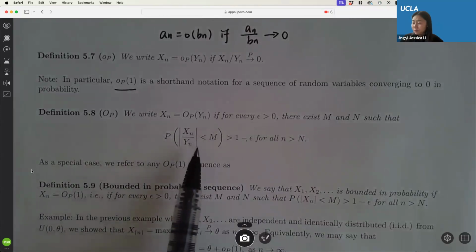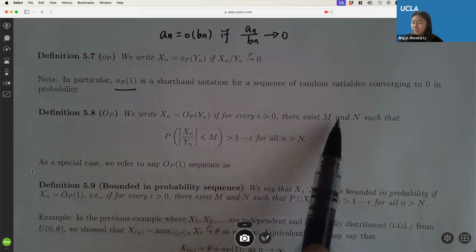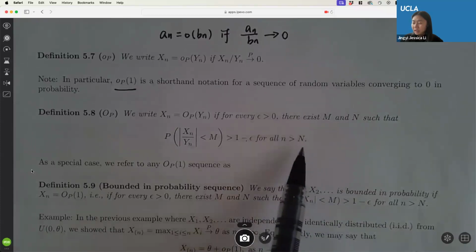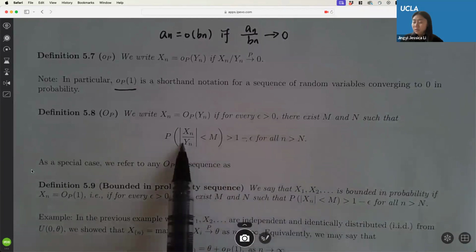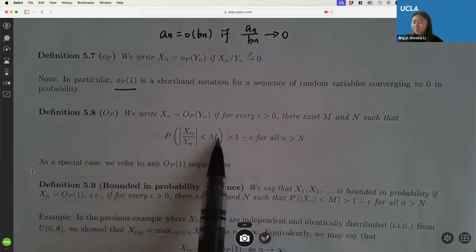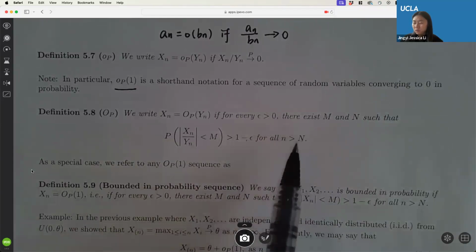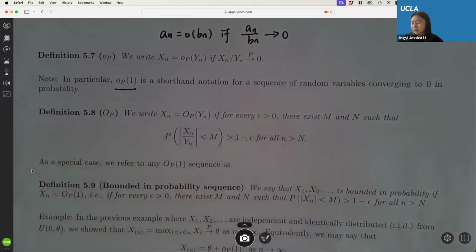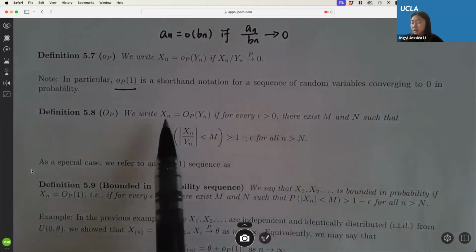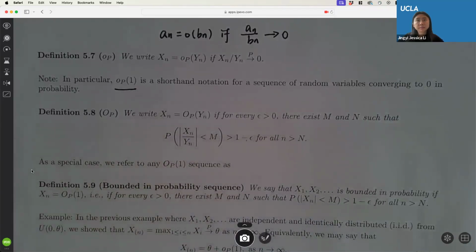You want to say that for every epsilon greater than 0, there exists an M and N. N means that you're really far into your sequence. After this N, everything is bounded by M. So M is the bound, and N is the index you have in your sequence. And they all satisfy that, bounded with high probability.